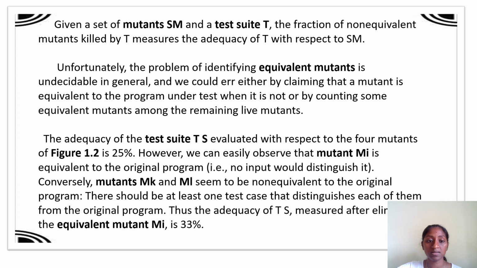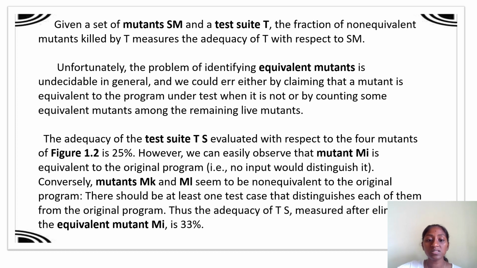The adequacy of the test suite TS evaluated with respect to the 4 mutants of figure 1.2, which is in the further slide, is 25%. However, we can easily observe that mutant MI is equivalent to the original program. That is, no input would distinguish it.